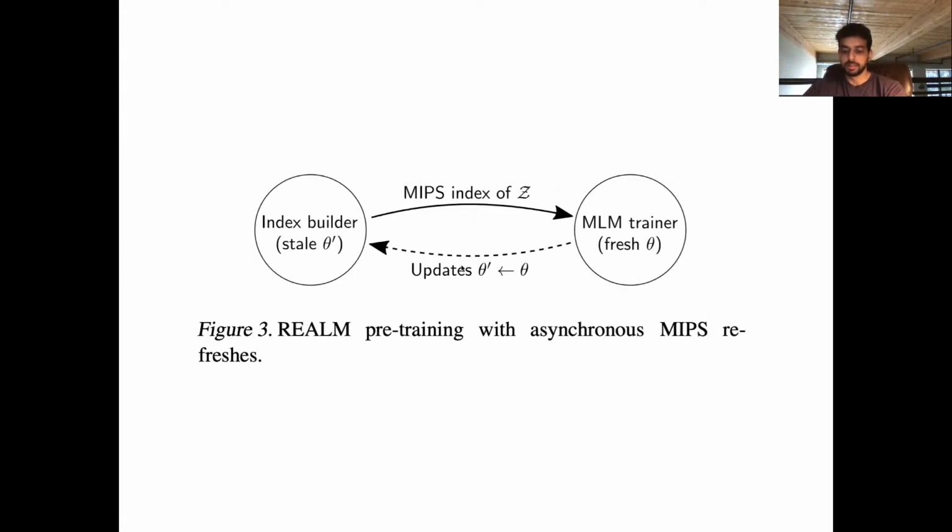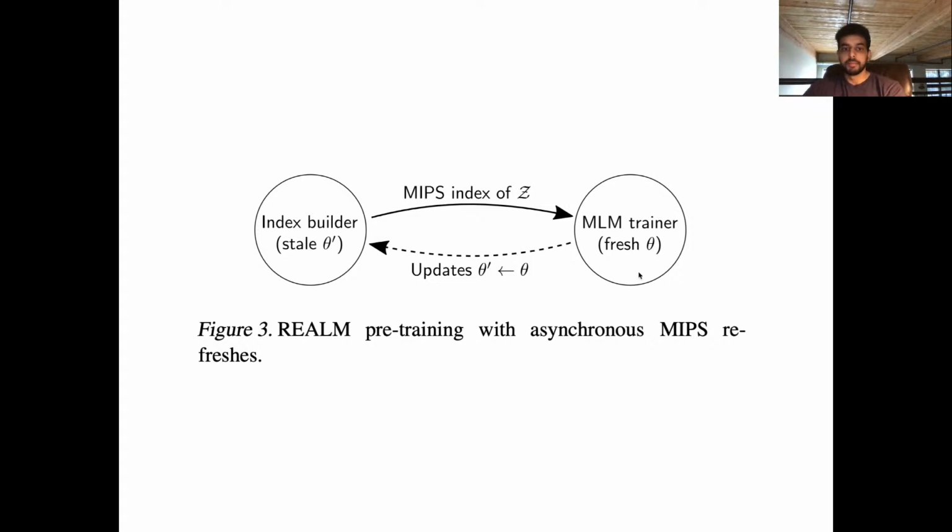So this process looks like this. You have one process, which is the index builder, and you have another process, which is the masked language modeling trainer, that's responsible for doing all the gradient updates. You start out with the masked language modeling trainer. It gives you a set of parameters. You send that over to the index builder process.